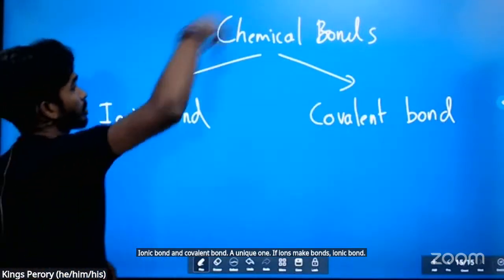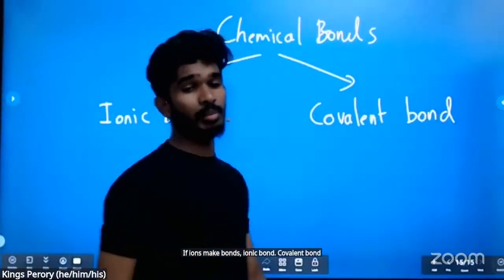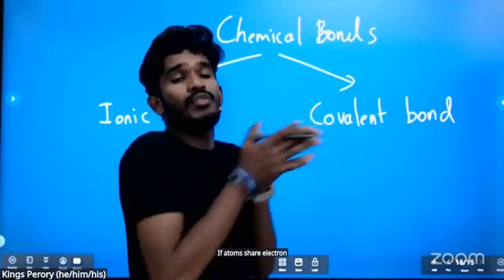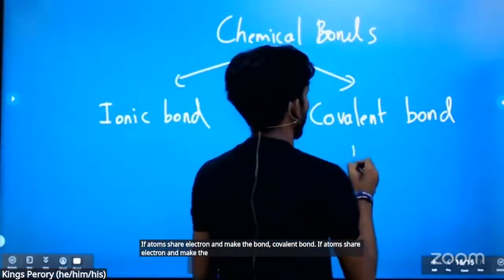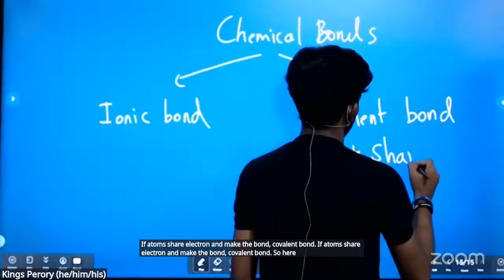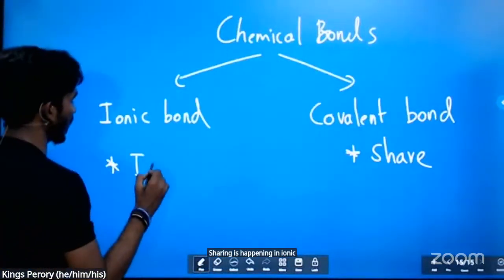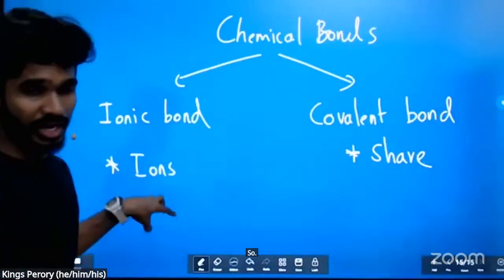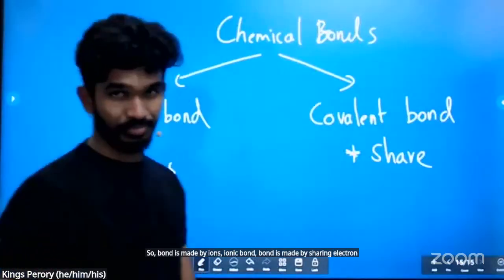If atoms share electrons and make the bond, covalent bond. So here sharing is happening. In ionic bond, ions are making the bond. So bond is made by ions, ionic bond. Bond is made by sharing electrons, covalent bond.